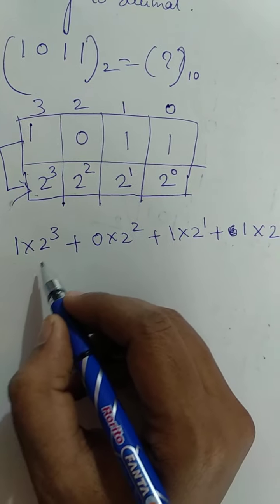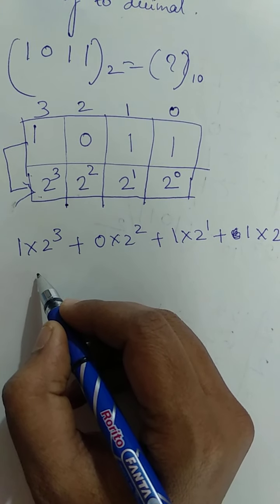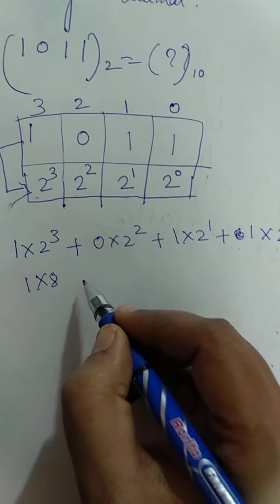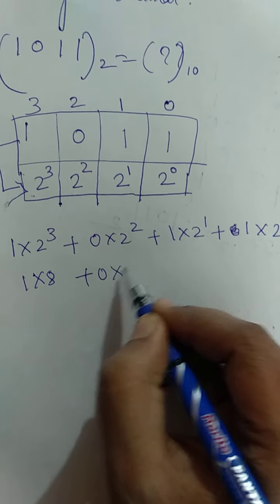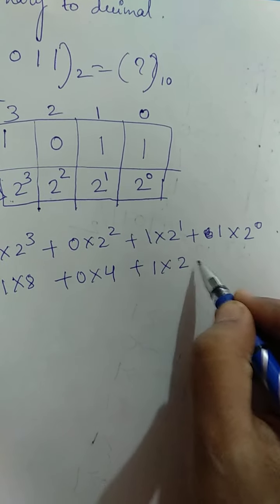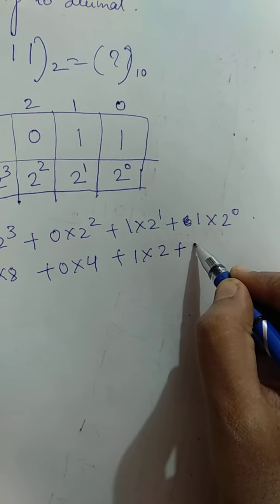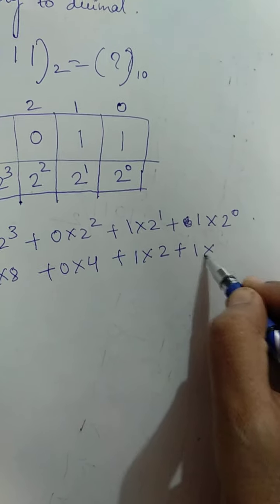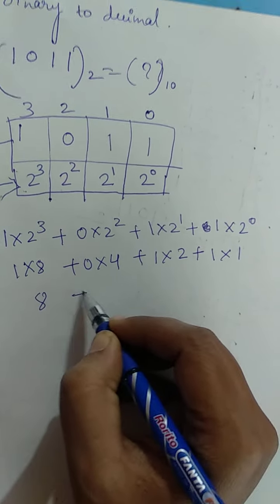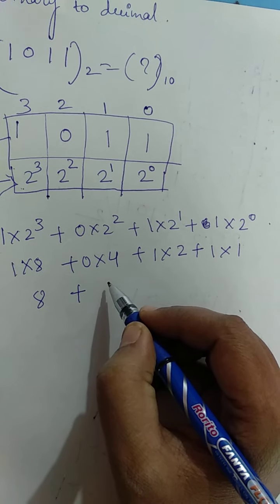So what is 1 into 2 raised to 3? It is 8, so 1 into 8. Then 0 into 4, plus 1 into 2, plus 1 into 2 raised to 0, which is 1 into 1. So 1 into 8 is 8, plus 0 into 4 becomes 0.